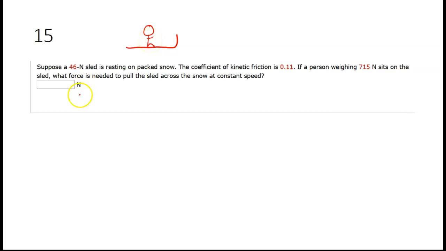would have a normal force that was not equal to the force of friction. If I was looking at the sled by itself, I would see in terms of the forces that there is a 46 Newton force of gravity acting downward on this sled.